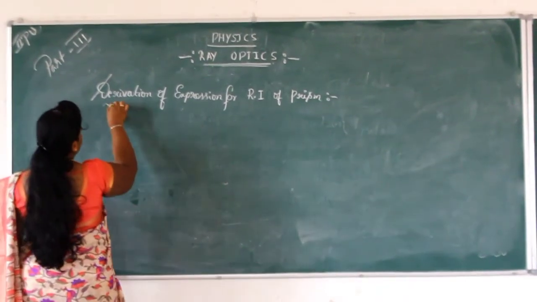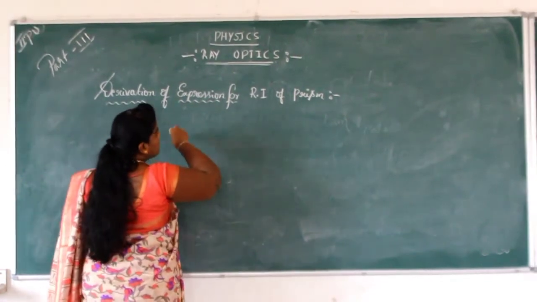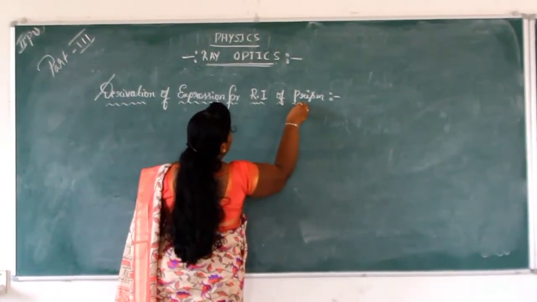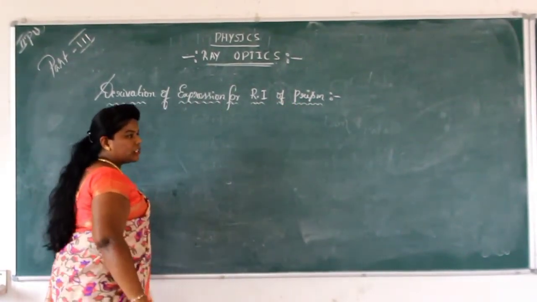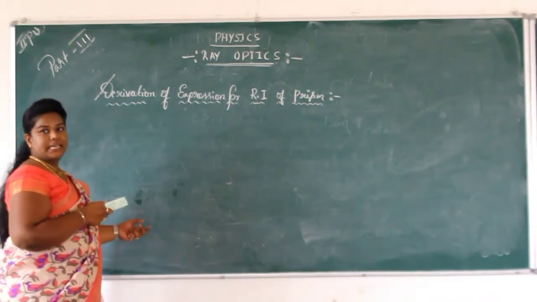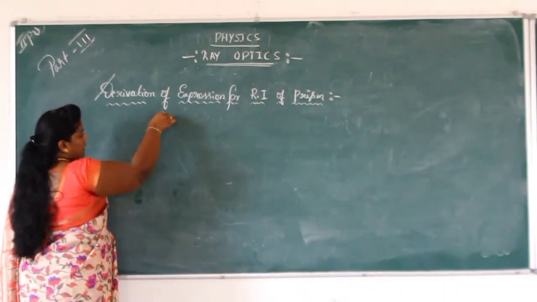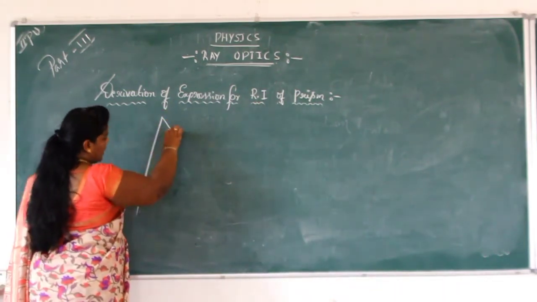Now to derive this expression, I am going to consider that the prism is under the minimum deviation condition. I will explain what the minimum deviation is while explaining this. So I am just going to draw a diagram here now.